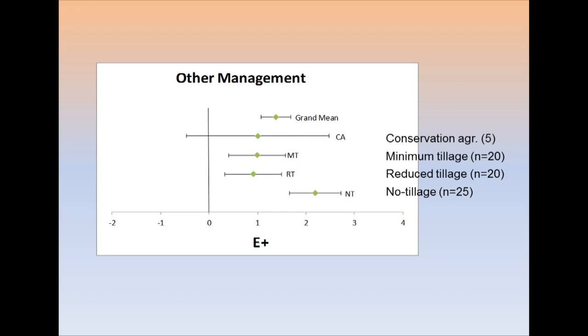We also attempted then to split the types of tillage. Okay, so we had no-till, which includes direct seeding and so on, which has the biggest effect, and it seems that all the intermediate ones, which include minimum, reduced till, and so on, are less.